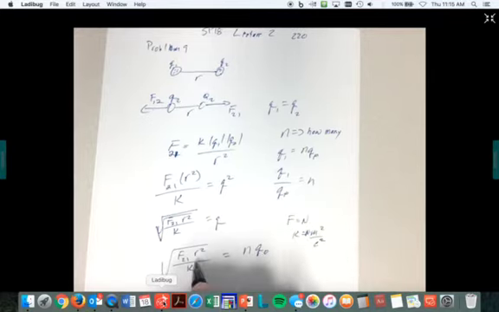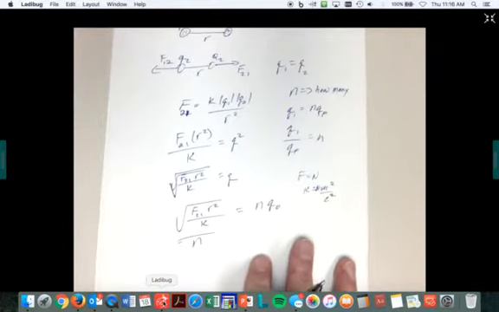So I've got meters squared up here per coulomb squared, and those all cancel, leaving coulomb squared. So everything works. That's good. And then just divide that by Qe.